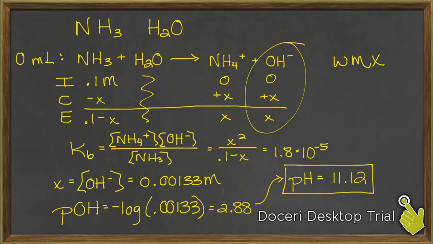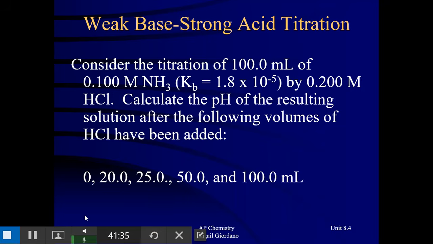I found pOH first, and then I subtracted the pOH from 14, and I get a pH of 11.12. My answer makes sense because all that is present is just a weak base and water. So that pH should definitely be in the basic range. So you guys try the next step.